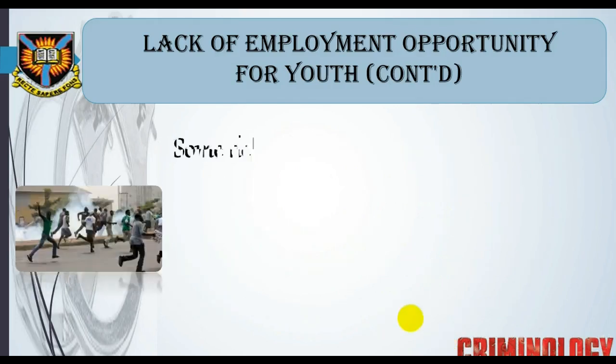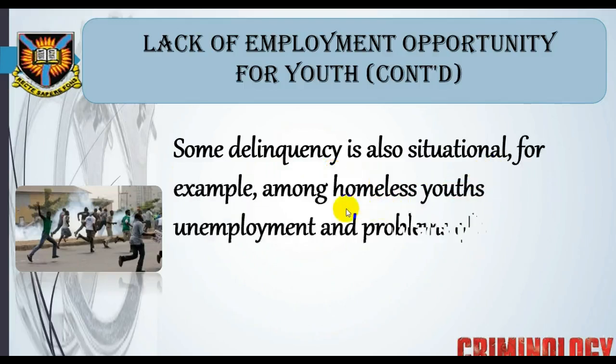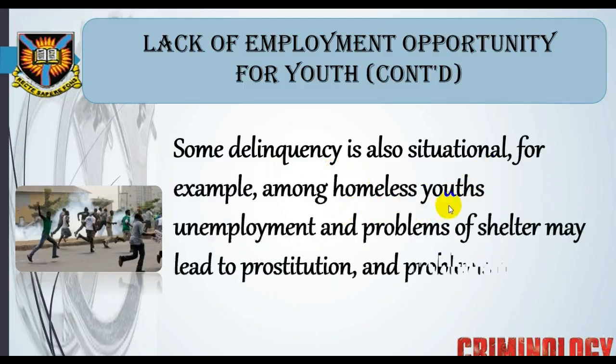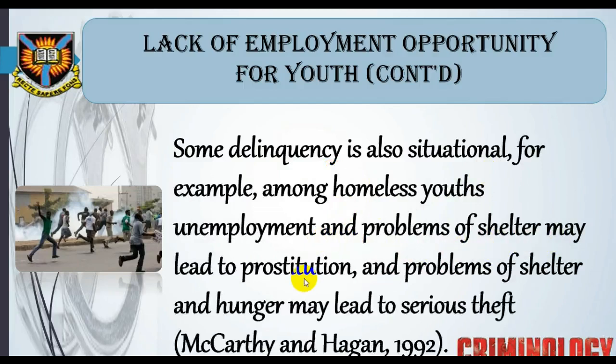Some delinquency is also situational. For example, among homeless youths, unemployment and problems of shelter may lead to prostitution, and problems of shelter and hunger may lead to serious theft (McCarthy and Hagan, 1992).